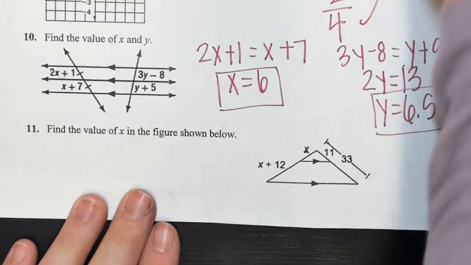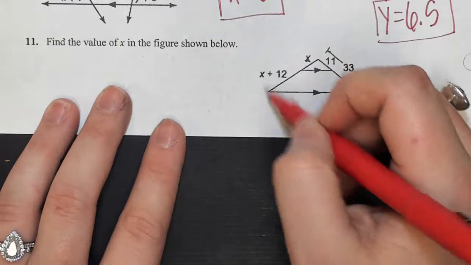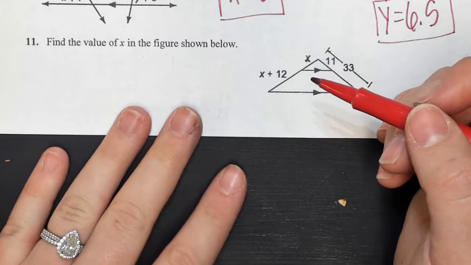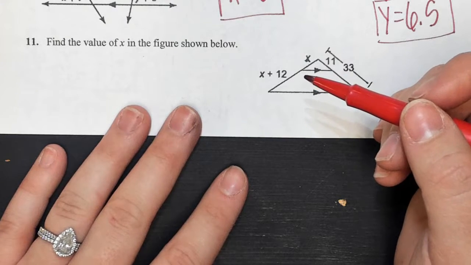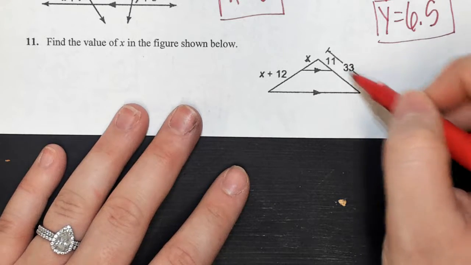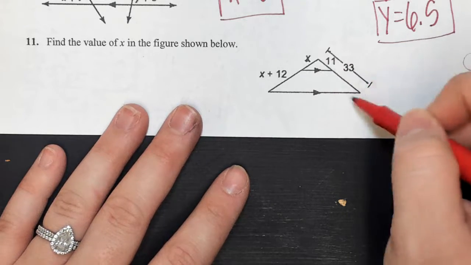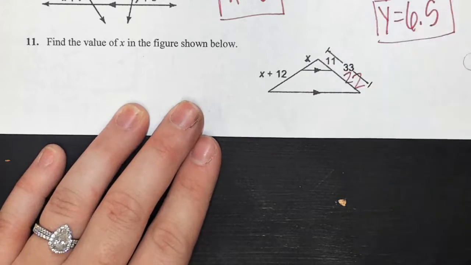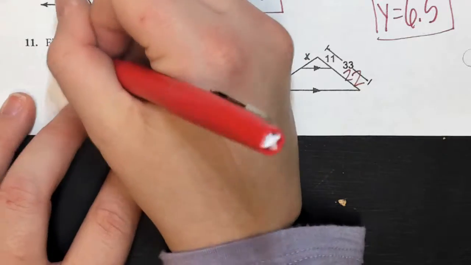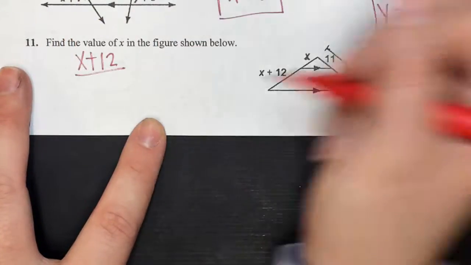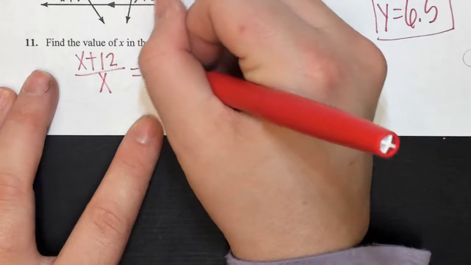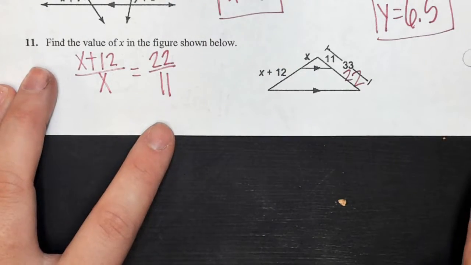Last one. I know the whole. Heaven, will you move that bag, please? The bag that's on your desk. Thank you. 33, you know the whole thing. Subtract the little piece, so what's left? 22. Then set up your proportion side to side because they're parallel. x plus 12 over x is equal to 22 over 11.